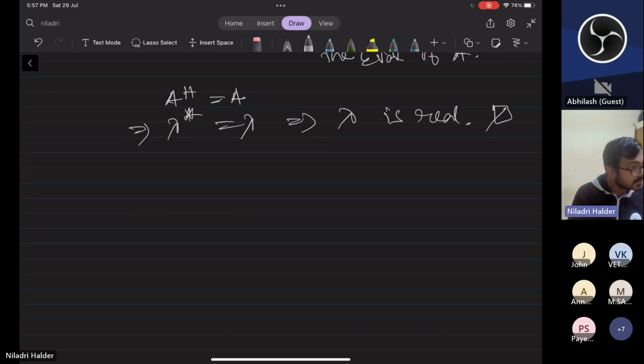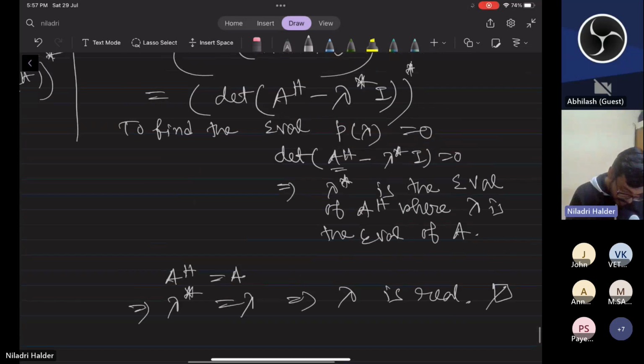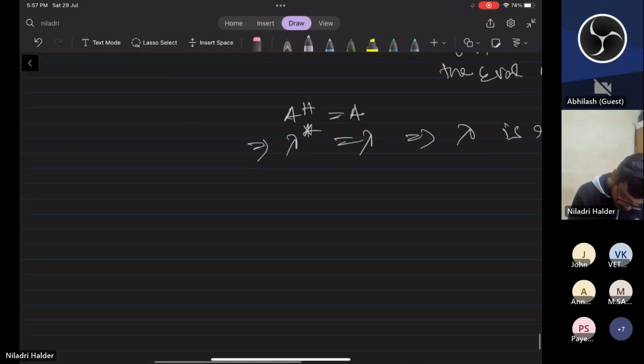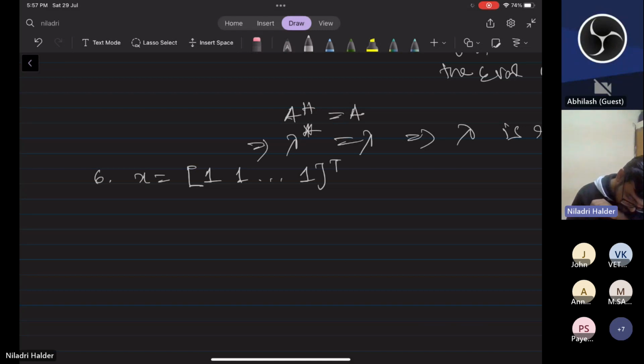Then the next question is question number 6. X equals 1, 1, ..., 1 transpose.